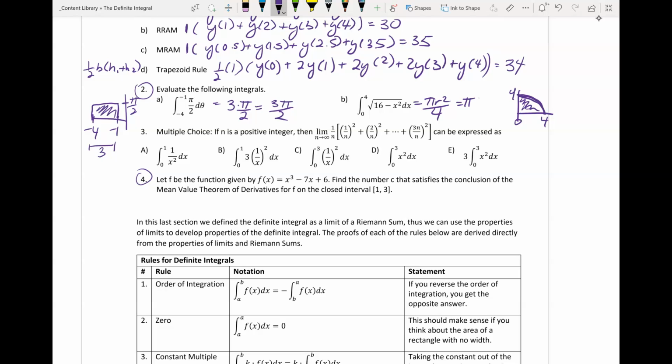So that'll be pi, our radius is, sorry, 4. Then we have 16 pi divided by 4, and that's going to be 4 pi.